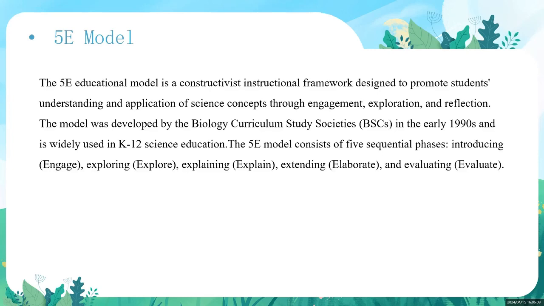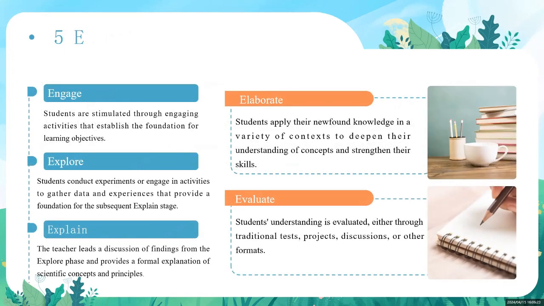The model was developed by the Biological Sciences Curriculum Study in the early 1990s and is widely used in K-12 education. The 5E model consists of 5 sequential phases, including exploring, explaining, extending, and evaluating.